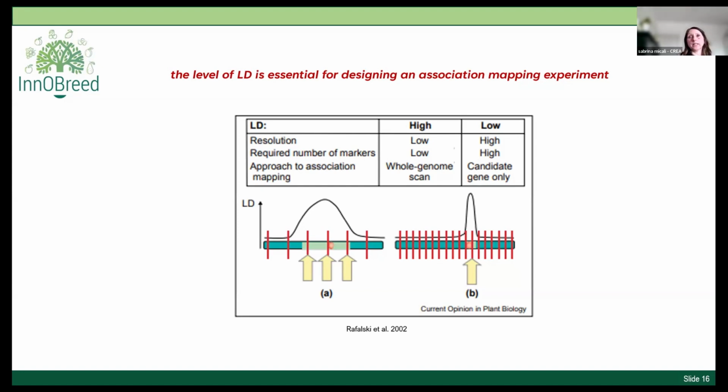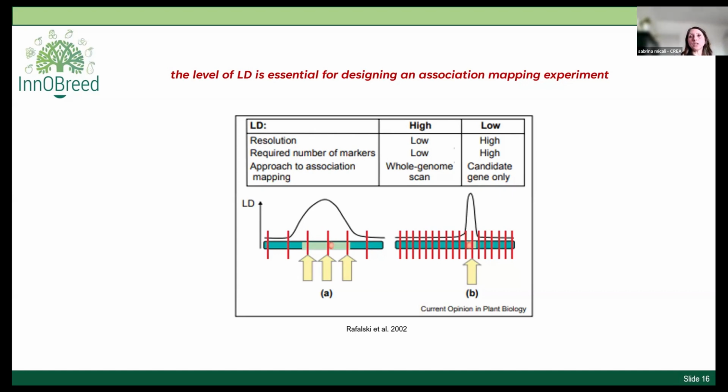While in the case of low LD, we need more markers to target each LD block, and so target our gene of interest. In this case, we need a smaller number of individuals, but we need a higher number of markers.